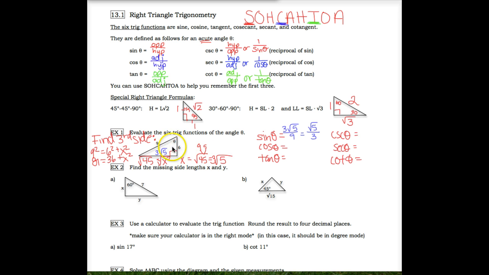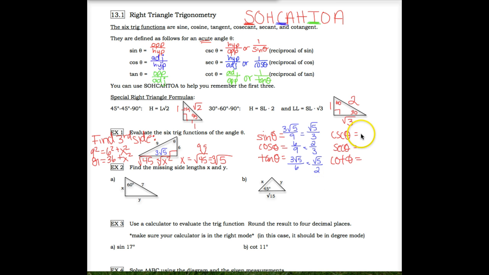Adjacent side, which is the 6, over the hypotenuse, which is 9. That one's easy to simplify. That just becomes 2/3. Tangent, opposite over adjacent. So opposite is 3 radical 5. Adjacent is 6. Again, I need to reduce. So that gives me radical 5 over 2.